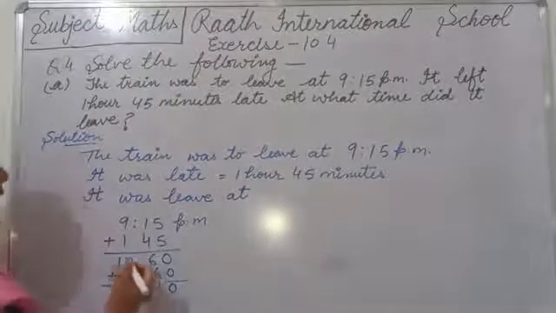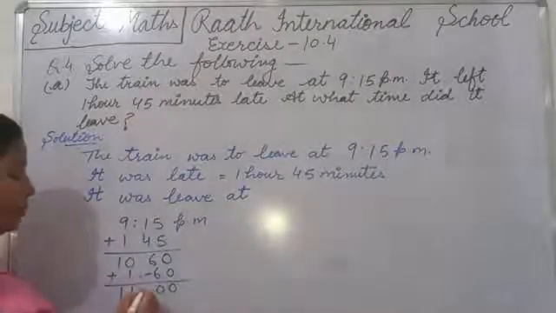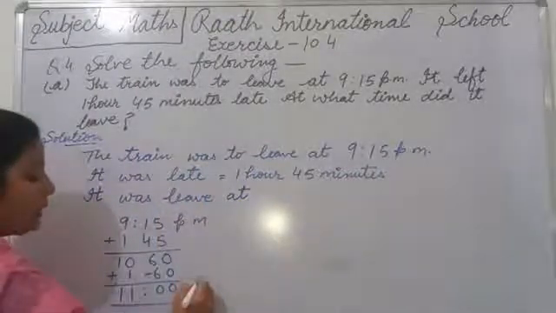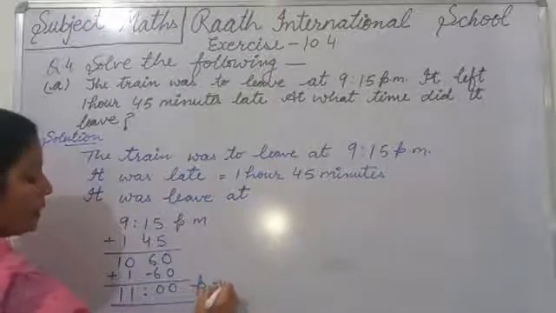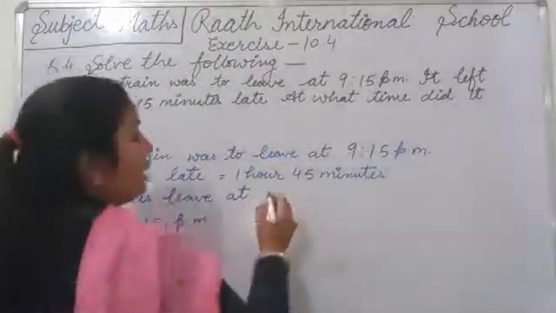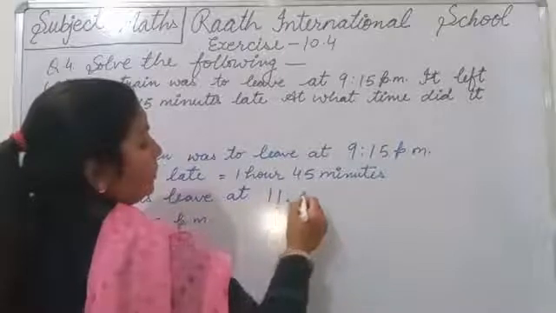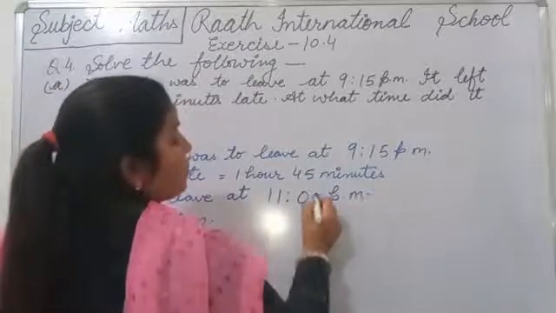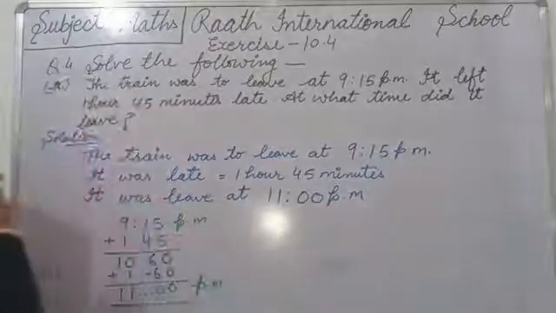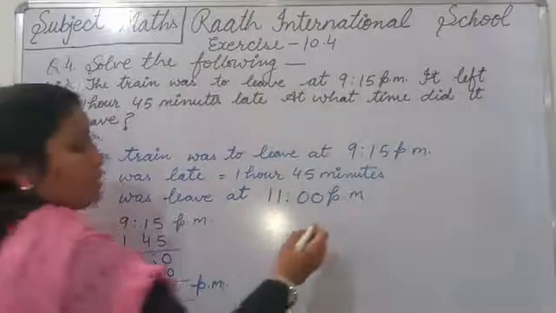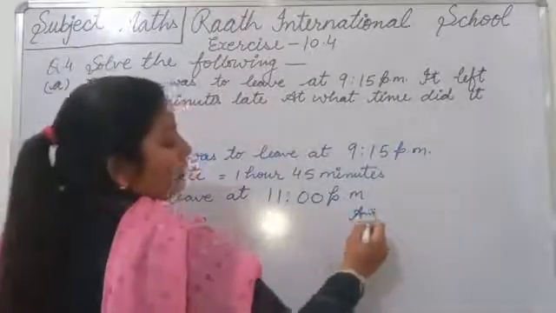That means it was leave at 11 p.m. It was supposed to go at 9:15 but it went at 11 p.m. That's your answer. So it was leave at 11 p.m. Okay, because of being late, that's why it went at 11 p.m. That's your answer. Now we will do its B part.